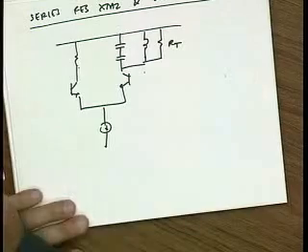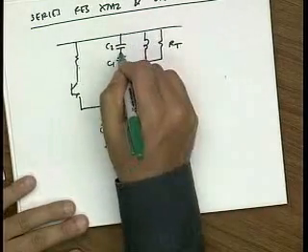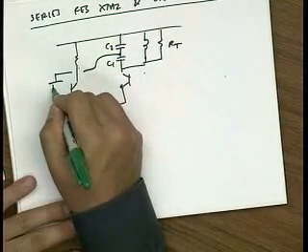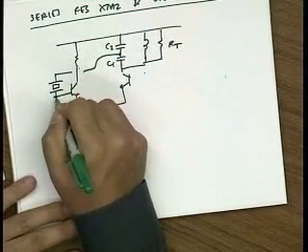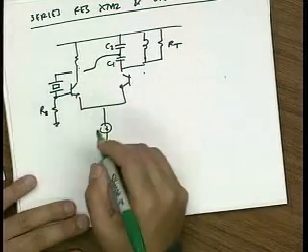It's my tank. This is C1, C2. And I take this and I feed it back to the input, but I put a crystal in series with my feedback network.